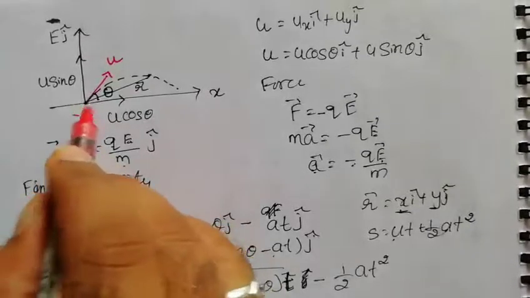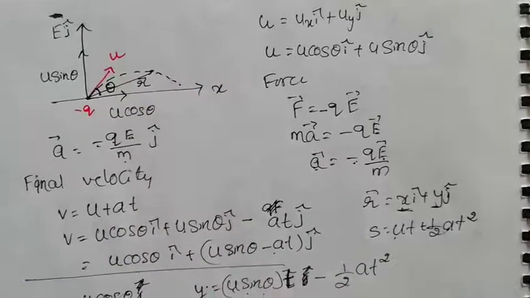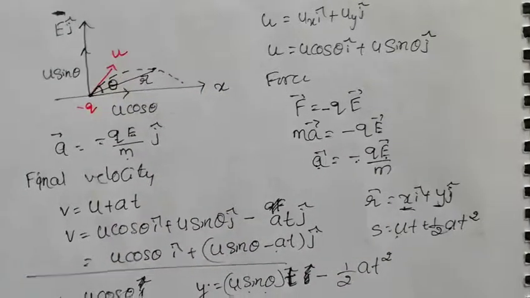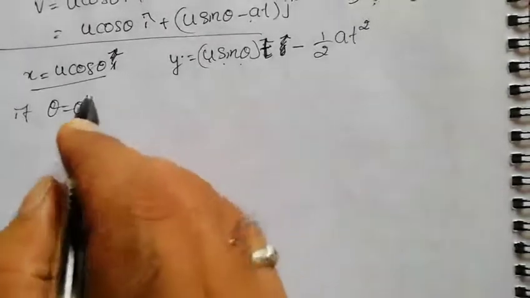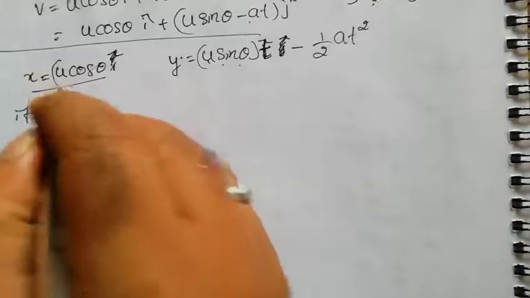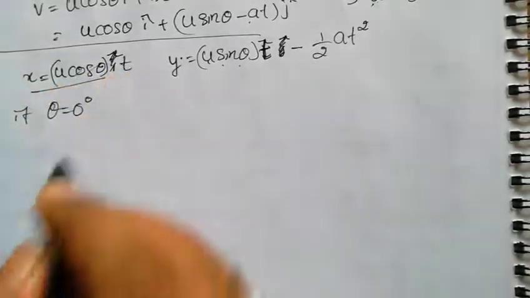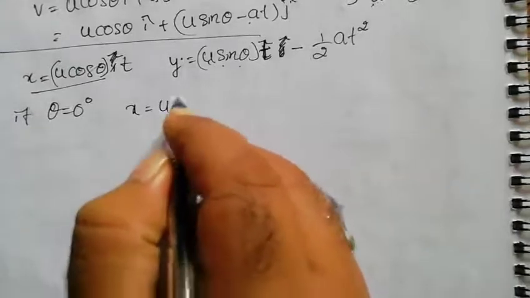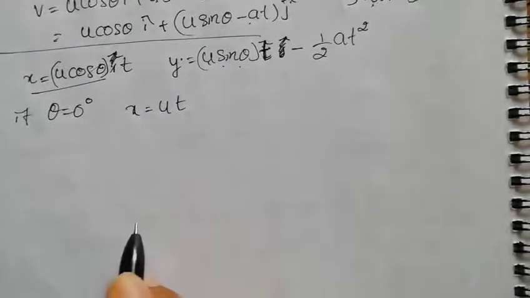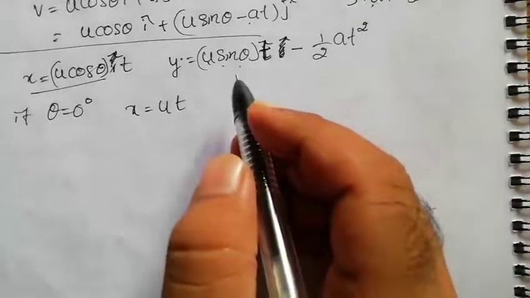Look at the diagram now. So this will become along the x-axis, and we should get equations of the perpendicular case. Let us verify. If theta equals 0, you get x equals, here one term was missing, that is t. So x equals ut, because cos 0 degree is 1. Sin 0 degree is 0.